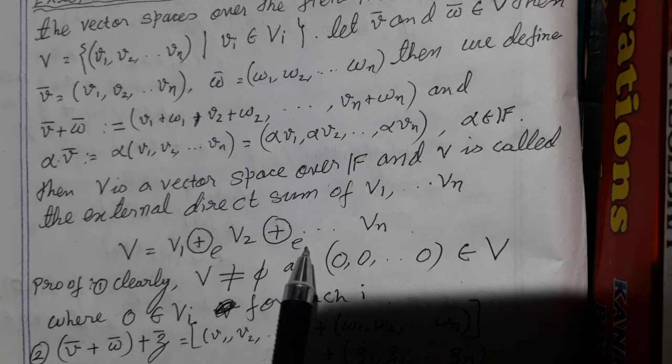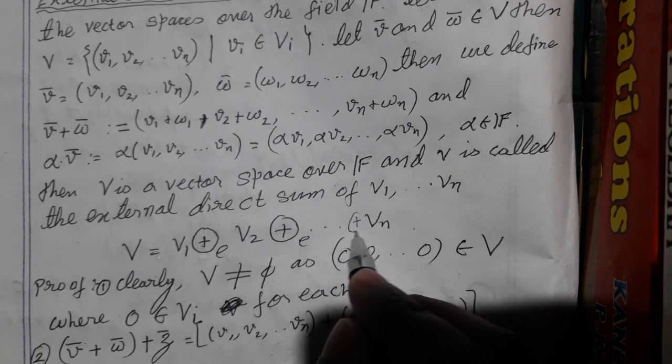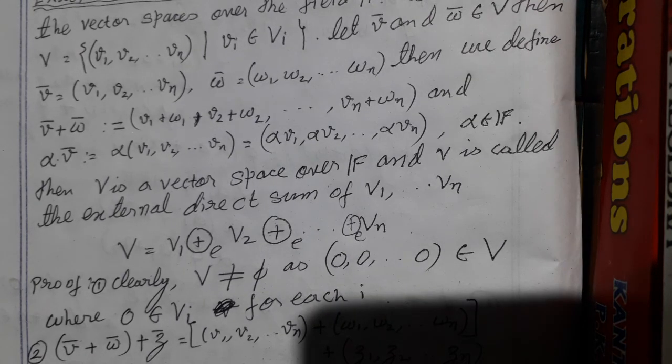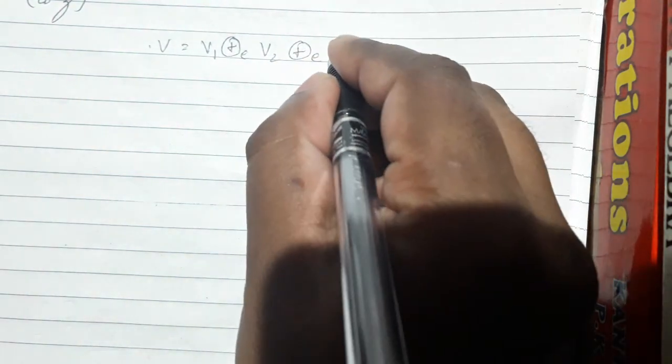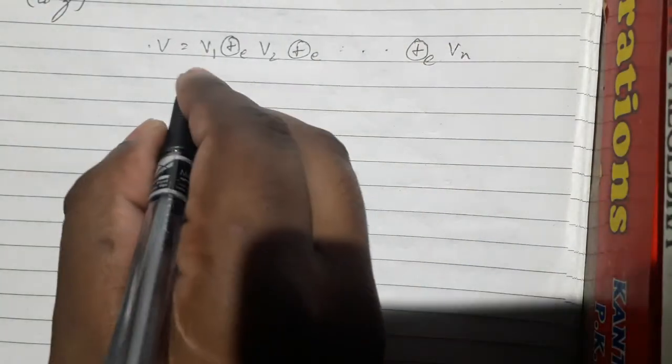This is similar to the cross product of each vector space.